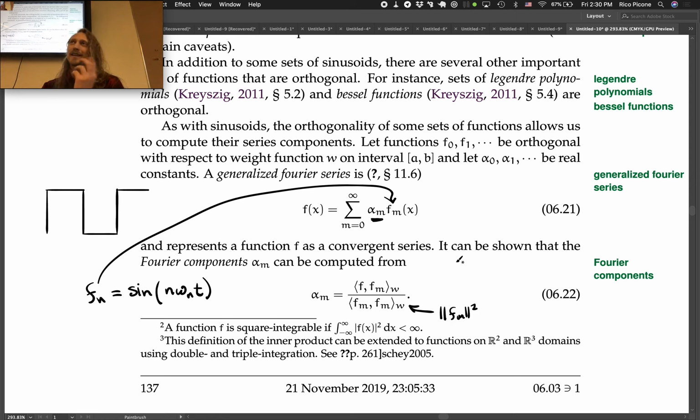So their orthogonality has to be with respect to some weighting function. In certain cases, we'll take w to be 1. In other cases, we'll take w to be some other function. As long as these functions are orthogonal with respect to some weighting function that we know, an equation like 622 will apply.